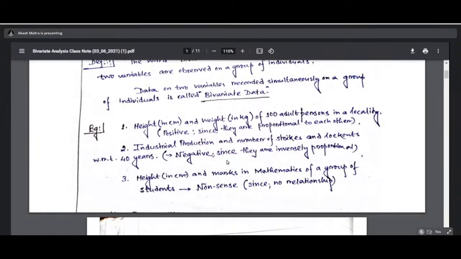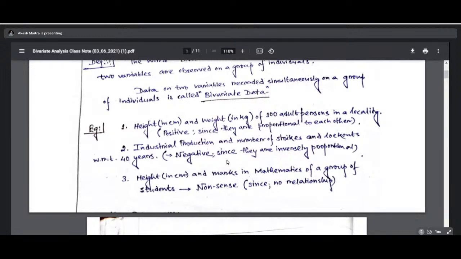So there is a positive relation of friendship. If height is more, weight will in general be more, and if height is less, weight will in general be less than the taller persons. They are proportional to each other. If height is more, then weight is more. If height is less, then weight is less.